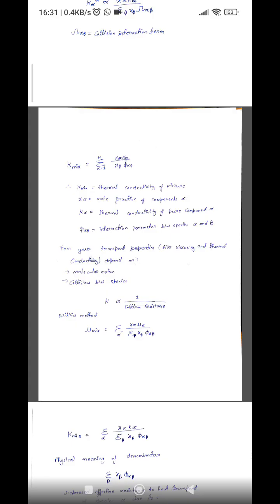Using Wilke's method, the viscosity of a mixture is the summation of x alpha times the viscosity of alpha upon the summation over beta of x beta phi alpha beta. This is for the viscosity of the mixture.